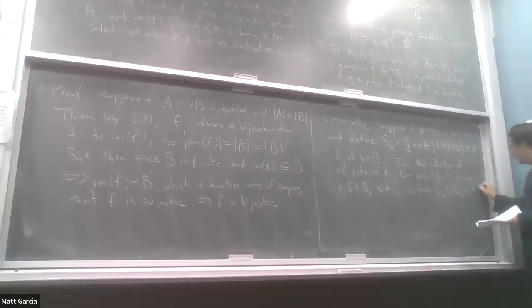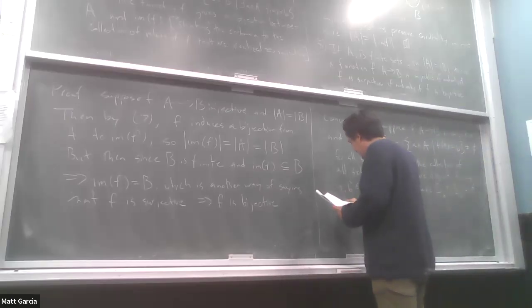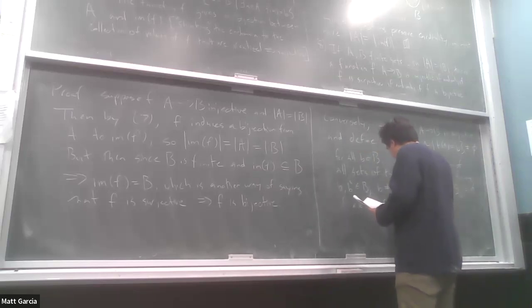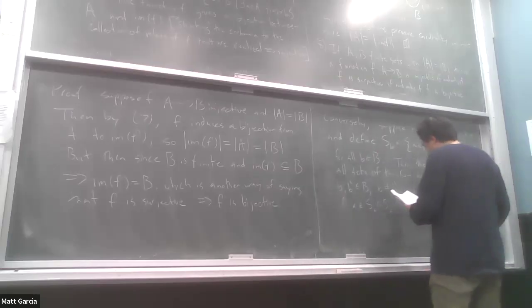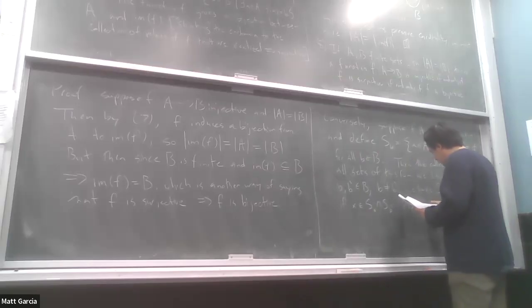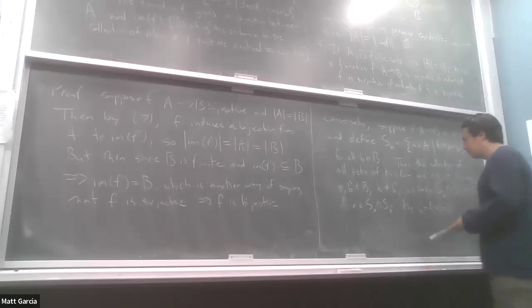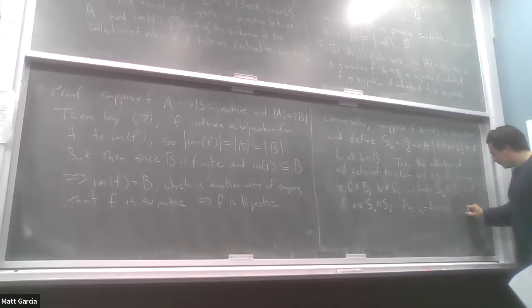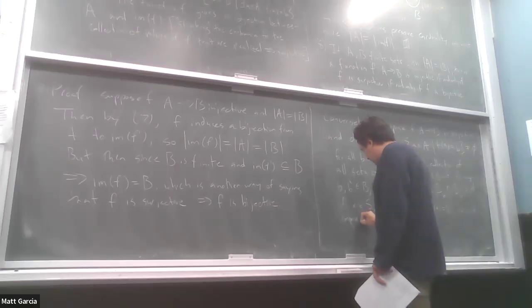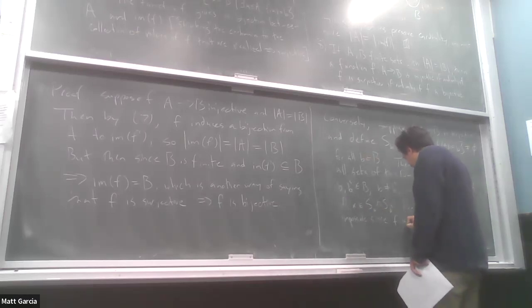So why do I say that these are disjoint for any two sets? If x is in this intersection, then B is equal to f of x is equal to B prime, which is impossible since f is a function.